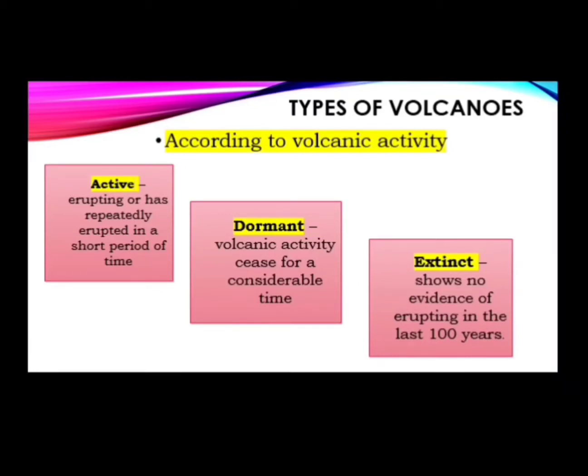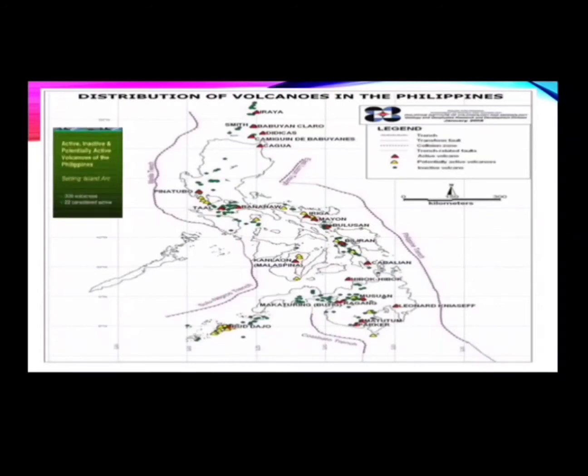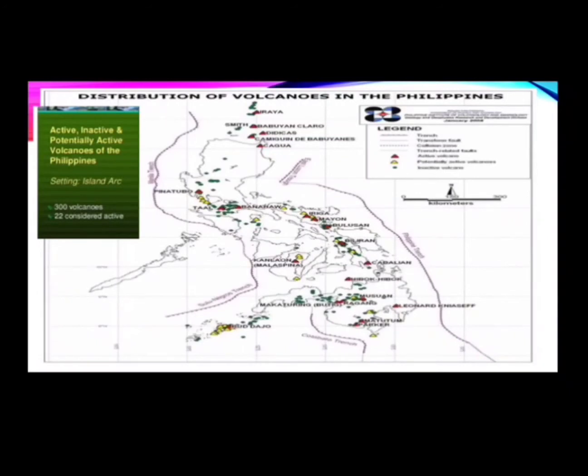Dormant: when the volcanic activity ceases for a considerable time. Extinct: there is no evidence of erupting in the last 100 years. According to the Philippine Institute of Volcanology and Seismology or PHIVOLCS, there are 300 volcanoes in the Philippines. 22 of them are considered active volcanoes.